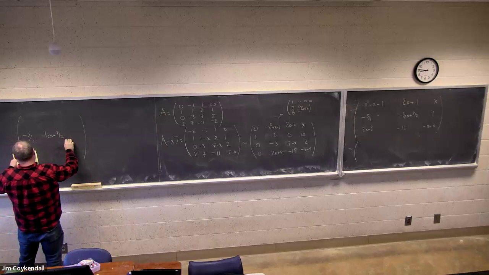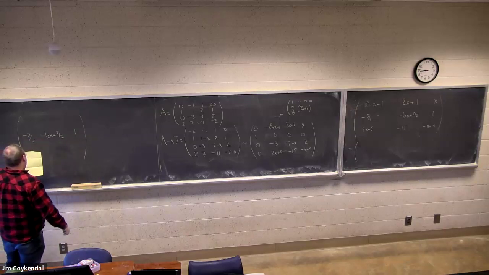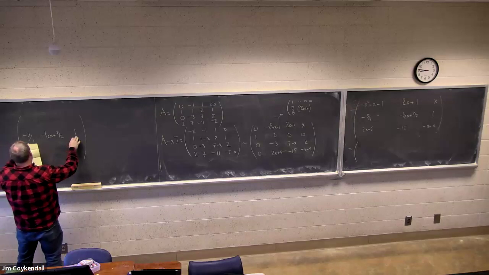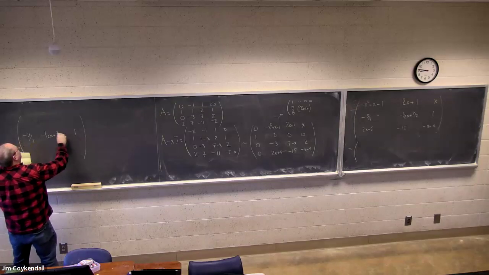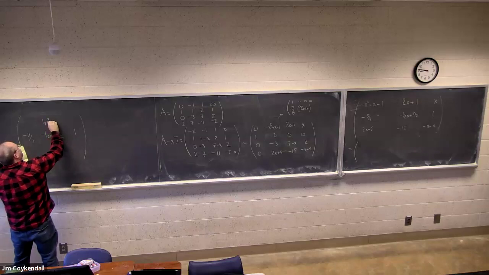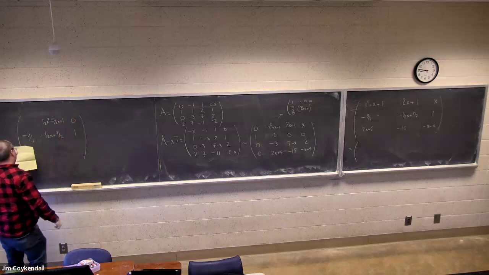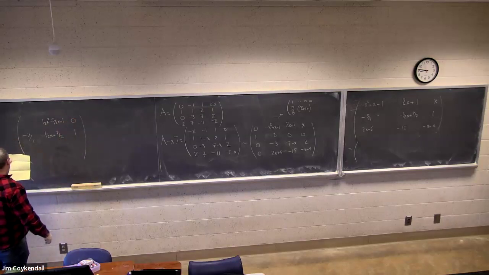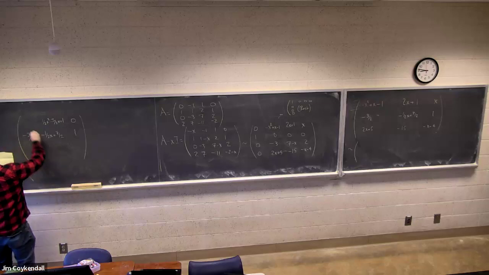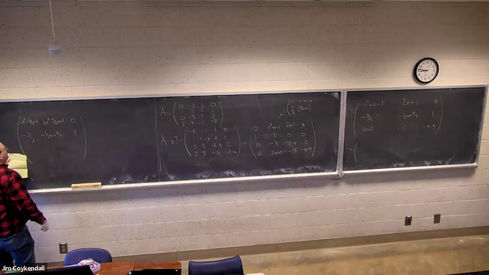And finally, 1. And when I blast this above, multiply by x and add, I get 1 half x squared minus 3 halves x plus 1, that's 0. And I get minus x squared plus 5 halves x minus 1.